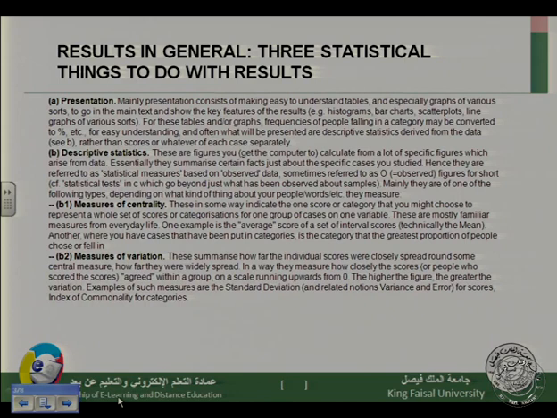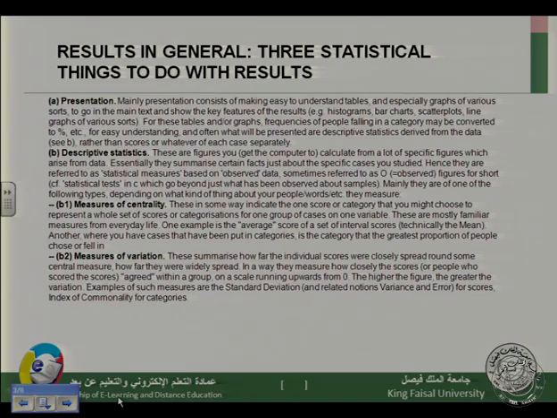If you have graphs and tables, you may want to convert these into percentages instead of just saying, well, we have 300 Saudi teachers in this university and 150 non-Saudi teachers in this university. You may want to just convert them into percentages.